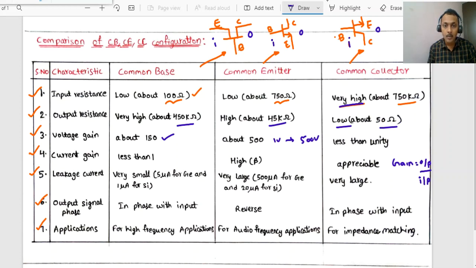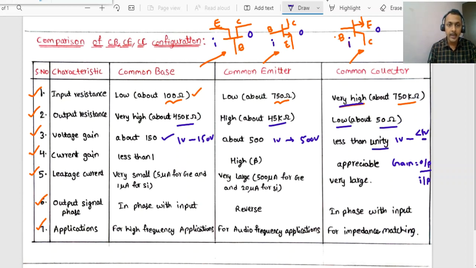That much amplification, that much gain in voltage we can observe in a common emitter. But if it is common base, if you give 1 volt as an input, you can get an output of about 150 volts. But if it is common collector, if you give 1 volt as an input, you may get a value less than 1 volt. So the gain is less than unity.